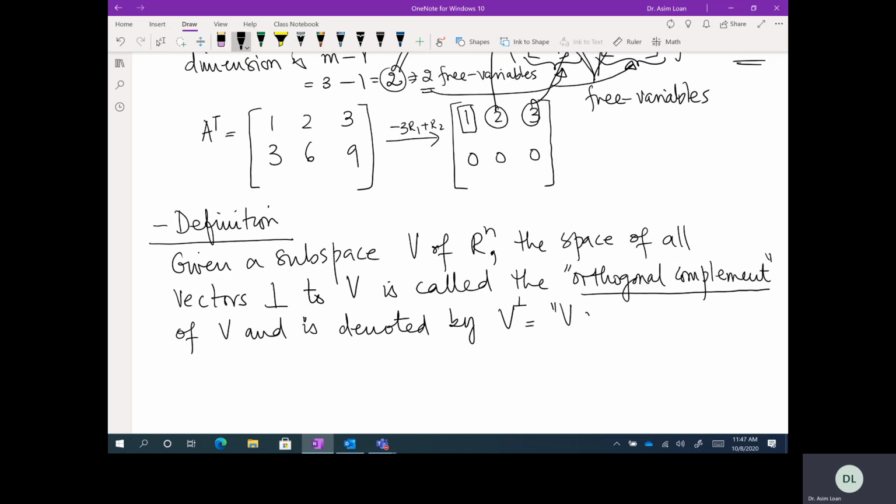This is called V perp, P-E-R-P. Just for the perpendicular thing, this is just V perp.